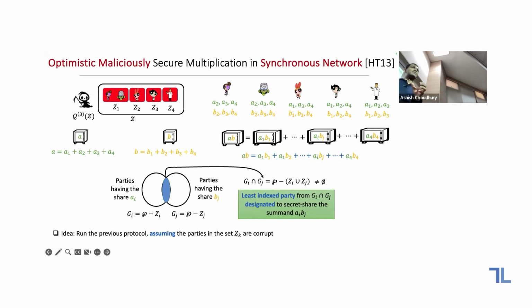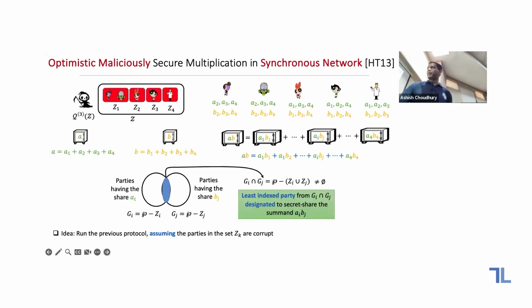There will be multiple instances of that passively secure multiplication protocol, where in the kth instance, we are going to throw away the kth candidate subset from the adversary structure, assuming that it's the subset of parties who are corrupt. Our assumption may be incorrect. It might be the case that the adversary actually corrupts another subset, but in the kth instance, we are not allowing the kth subset from the adversary structure to participate in the protocol.